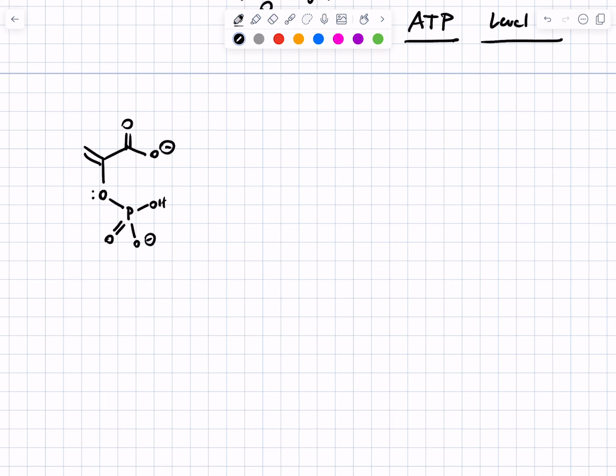Let's look at the lone pairs on the oxygen that's in our enol functional group. And let's just draw the resonance structure that shows that the carbon that is adjacent to the oxygen, which I'm going to call the alpha carbon because it's one carbon away from the oxygen.